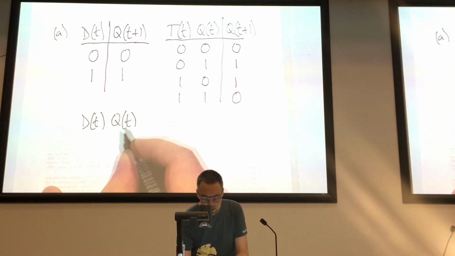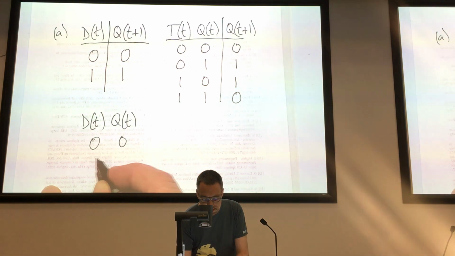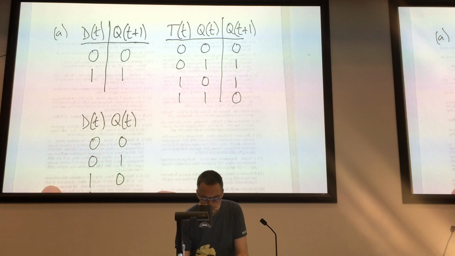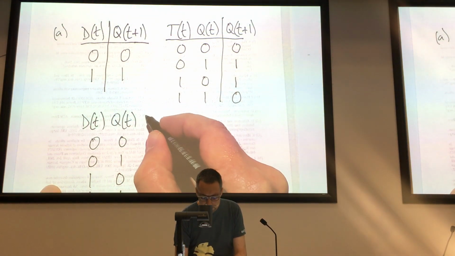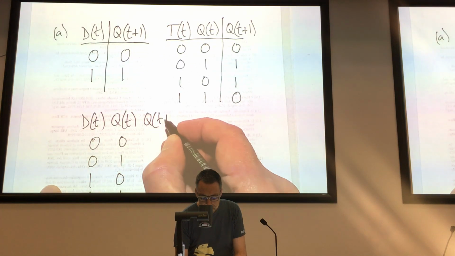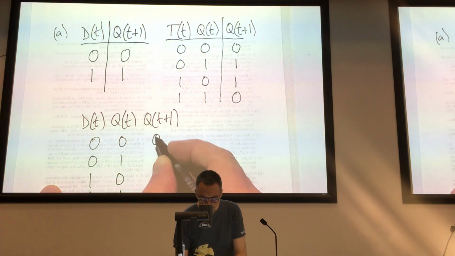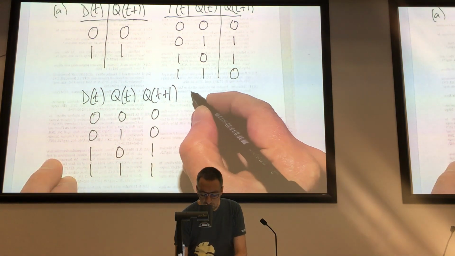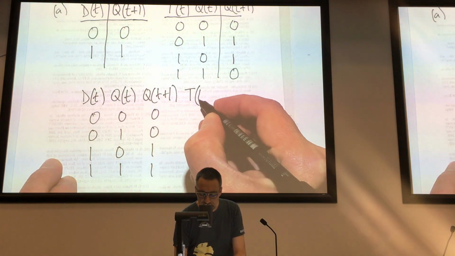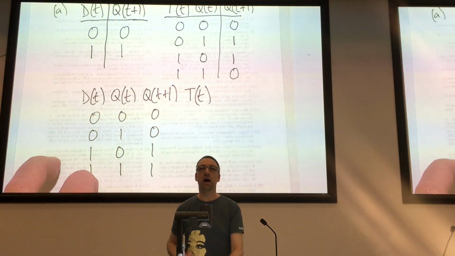We can find ourselves in any of these situations. Okay, and we know what new state we want. So now what we have to do is figure out what T signal would make this change happen.